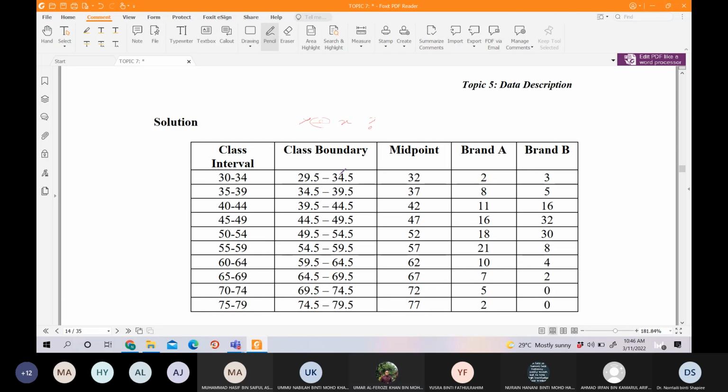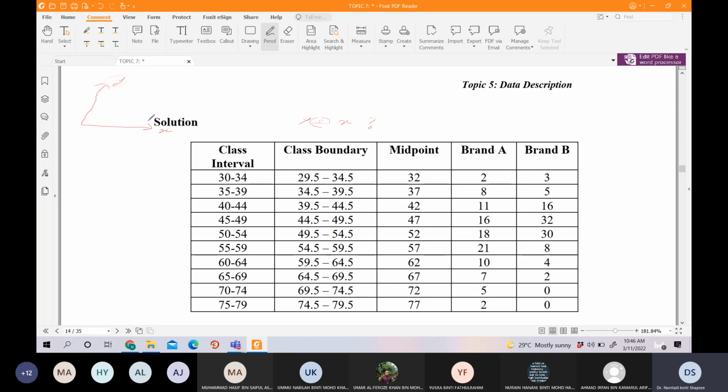Pak CY, why do you say Y? What does it refer to? Which one is our x-axis? This one is our x-axis, and this one is our y-axis. You said that class boundary is in the y-axis. Why did you say y-axis, not x-axis?